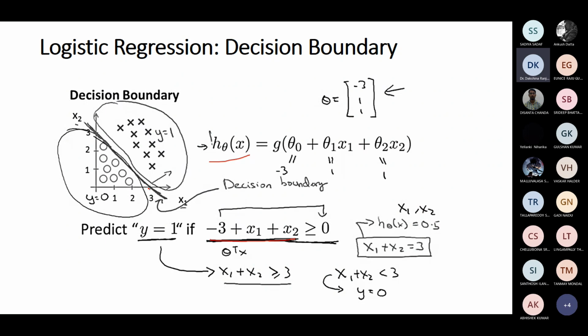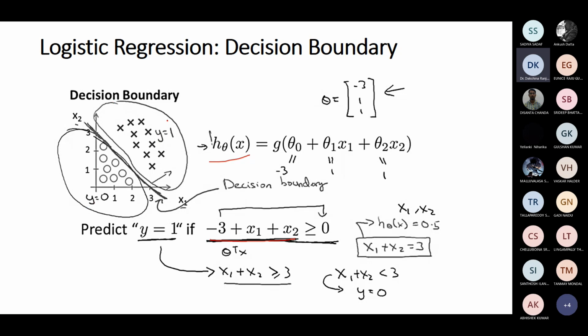One point will be 3 comma 0, another point will be 0 comma 3. When we join these 2 points with the straight line equation, we get two different classes. One is y equals 1, another is y equals 0.